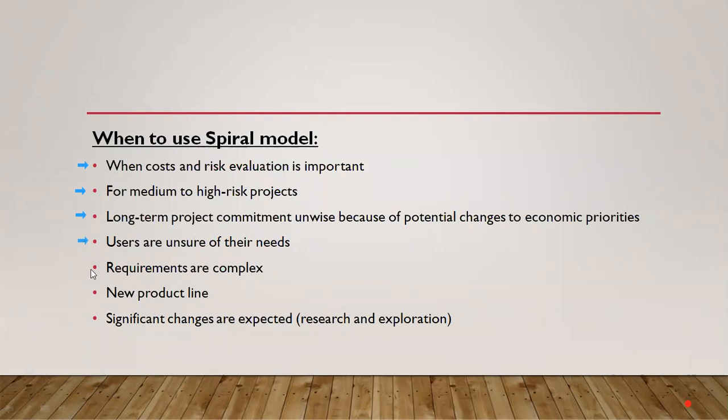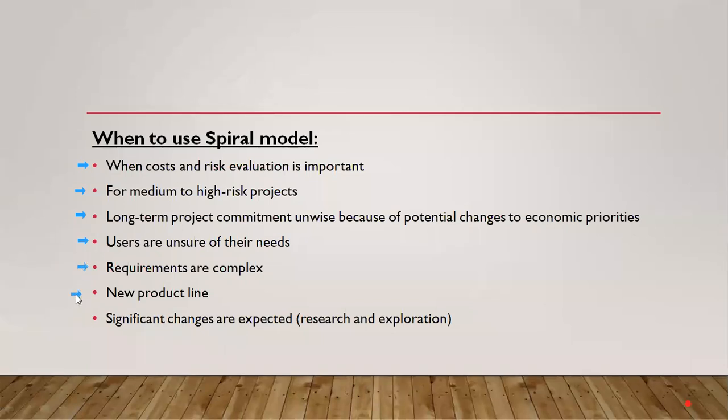And requirements are complex, which means there are big requirements, like: I want this, that, all the things available in the market, I want to see in one place. So when requirements are increased by a customer, at that time we should go for this kind of model.